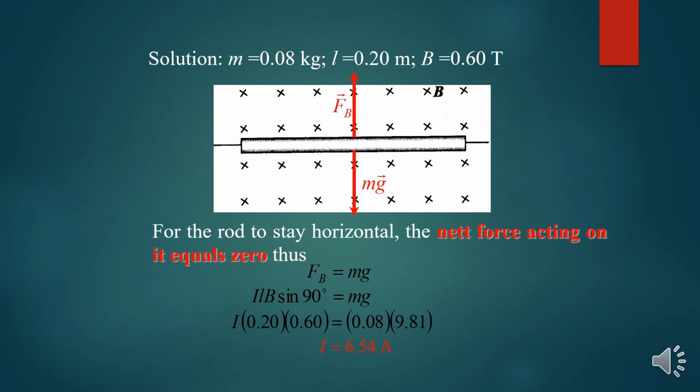How about the direction of I? By using the flaming left hand rule, our thumb refers to the force, and the second finger is the magnetic field, which is into the page. Then we get the direction of the electric current flow is to the right.